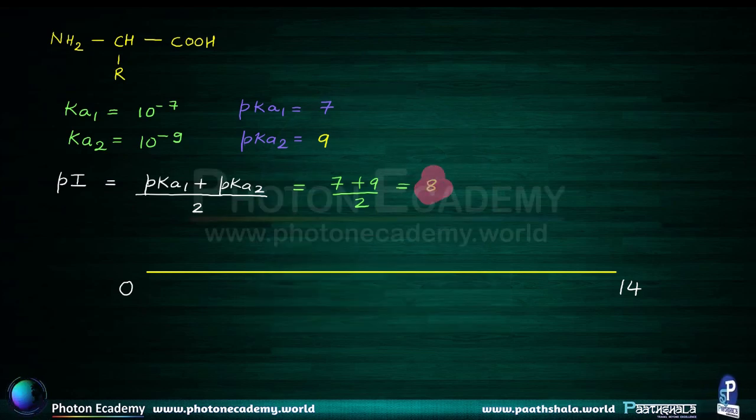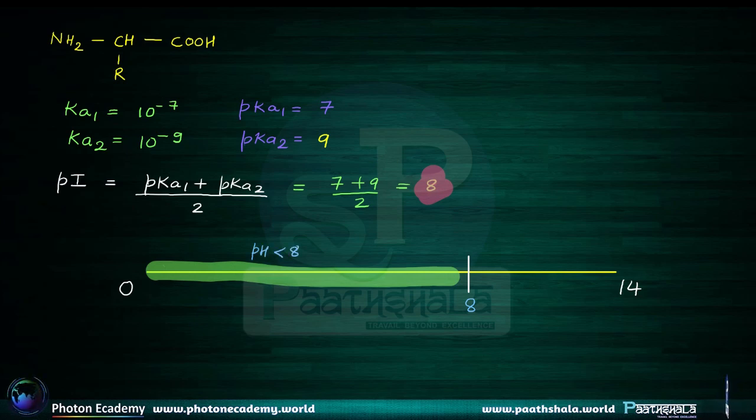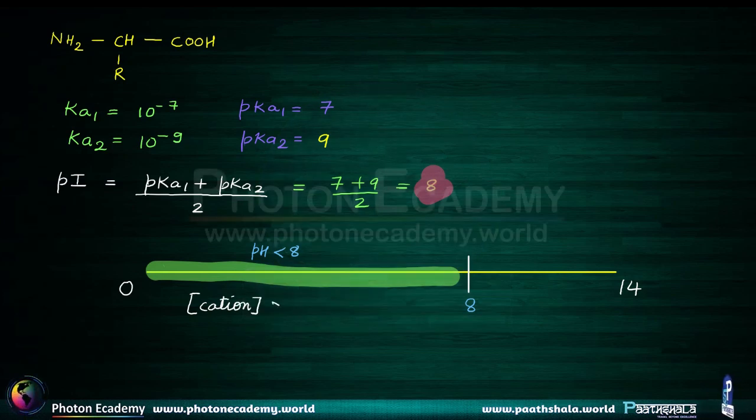Now, any pH which is less than 8, any pH which lies along this particular line, here the cation concentration becomes more than the anion concentration.